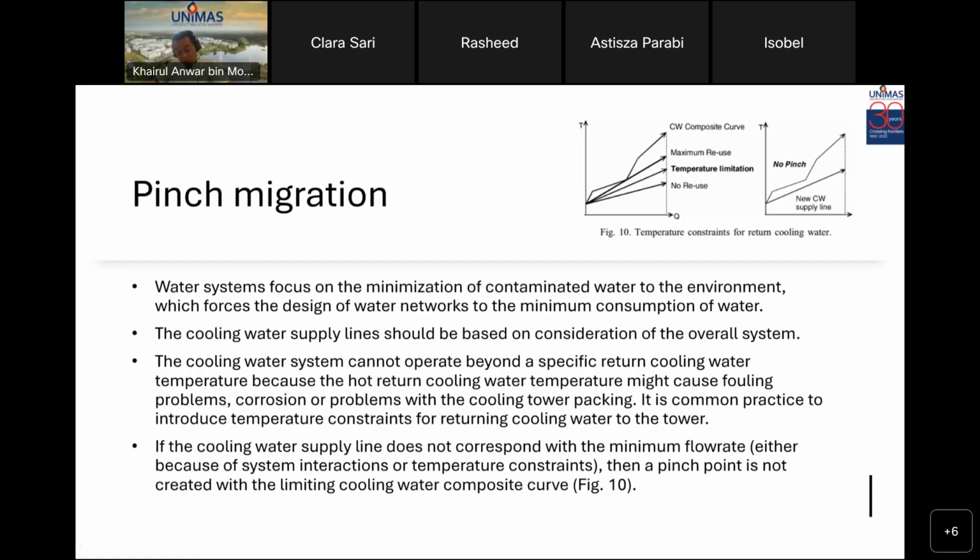The Waterman method is based on the concept of the pinch point and cannot be applied to a problem without a pinch. So this is for maximum reuse, no reuse, temperature limitation. The limiting profile represents the boundary.